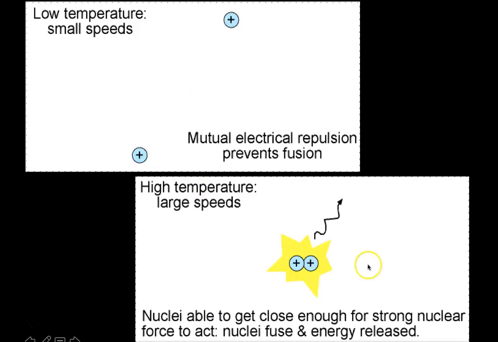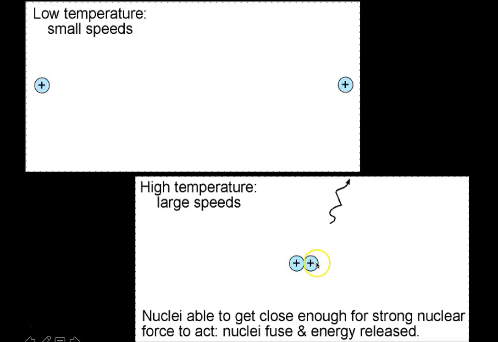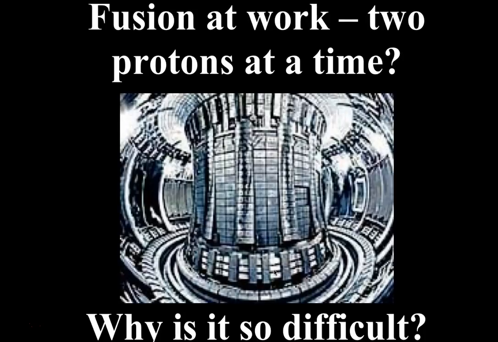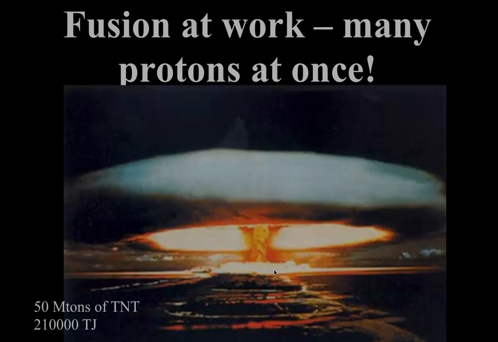But at high temperatures, when these guys are going very, very quickly, they can get very, very close and then they're able to stick. Okay, so that's the basic idea. Fusion is very difficult to make work on the ground, but in the sun, conditions are perfect.